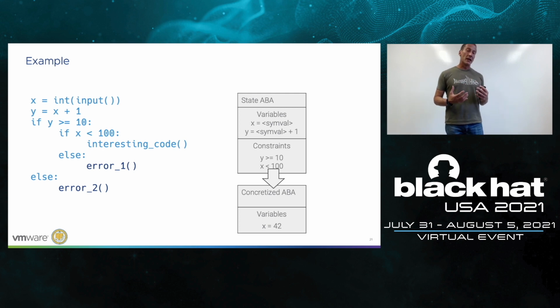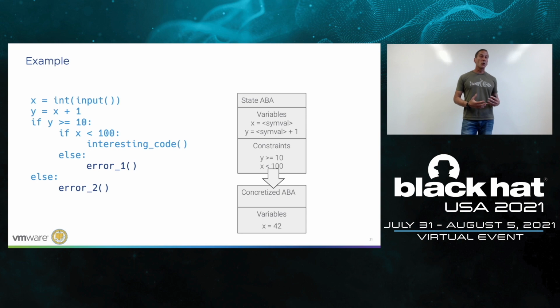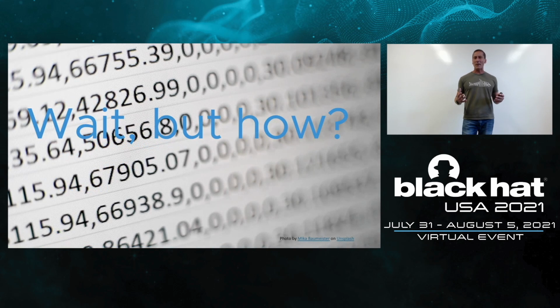And you can already understand how this can lead to the interesting deobfuscated code. And at this point you say, wait a minute, how do you do this? Well, Nicola Ruaro will explain the nitty-gritty details of how this is done.